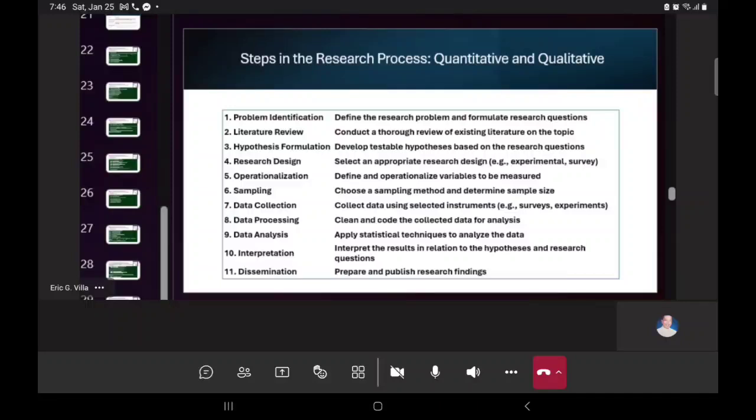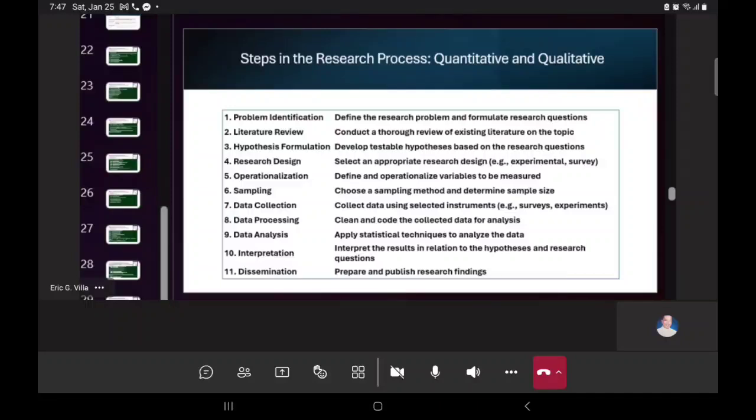Data collection is a critical phase where researchers gather information using predetermined instruments. Once collected, the data is processed, which involves cleaning and coding to prepare it for analysis. Data analysis employs various statistical techniques to test hypotheses and identify significant relationships or differences.